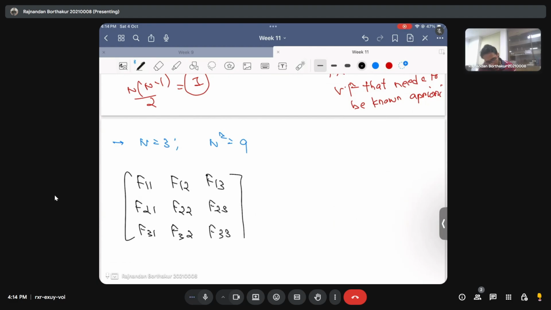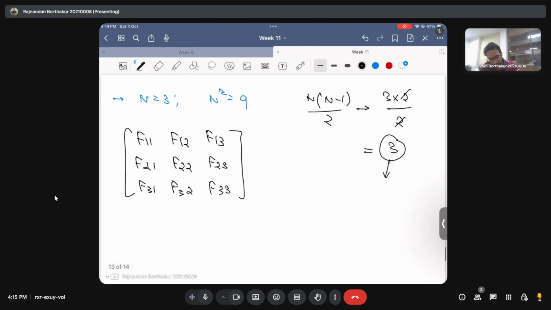So this is the view factor matrix for the case when we have three surfaces, and then n into n minus 1 by 2 is going to give you what? It is 3 into 2 by 2, which means three view factors need to be determined. Which means three view factors need to be known directly.